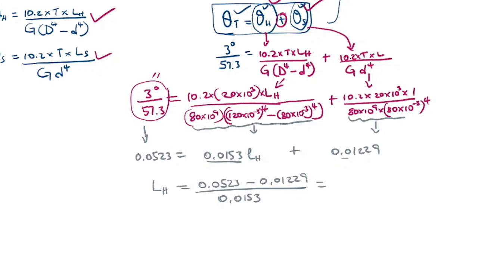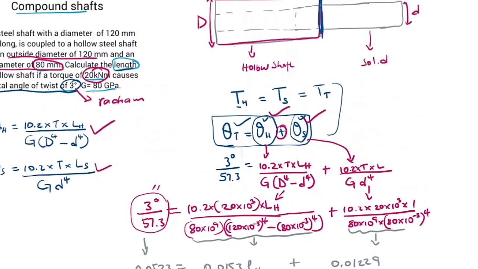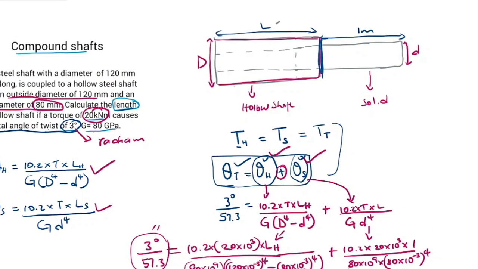Then this gives an answer of 2.60 meters. That is the answer that the problem statement is looking for. That is the length for the hollow shaft. This length is 2.6 meters. That's how you calculate this.